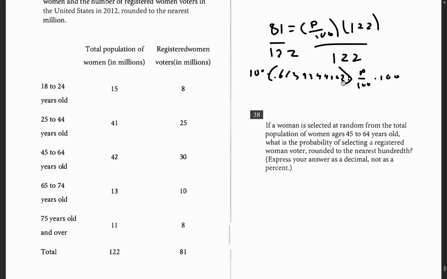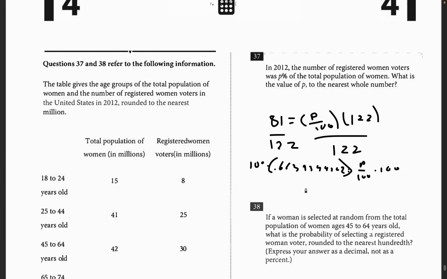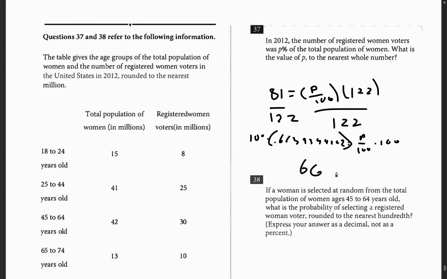So 100 times this, we get 66.393. So let's just say the value of P to the nearest whole number. So 66.3 to the nearest whole number will be 66.